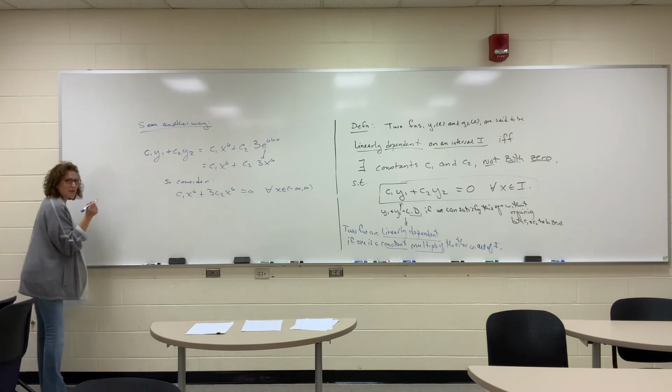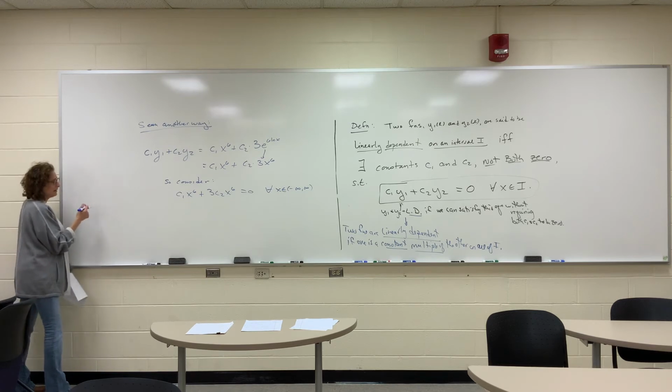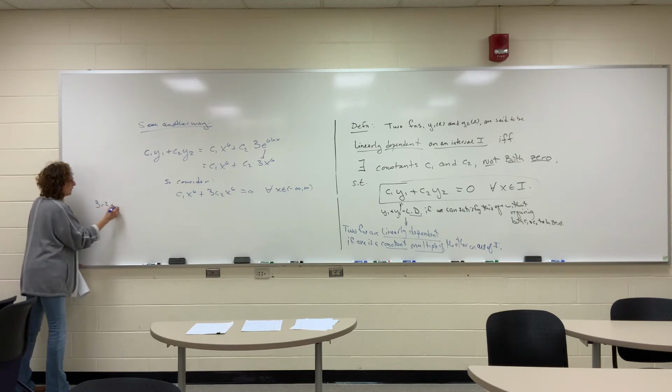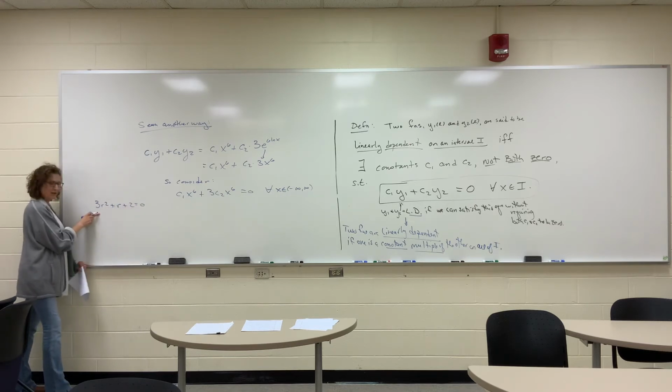Notice that's a very different thing than a quadratic equation. If you have 3r squared plus r plus 2 equal to 0, you're looking for two roots r that solve this equation.